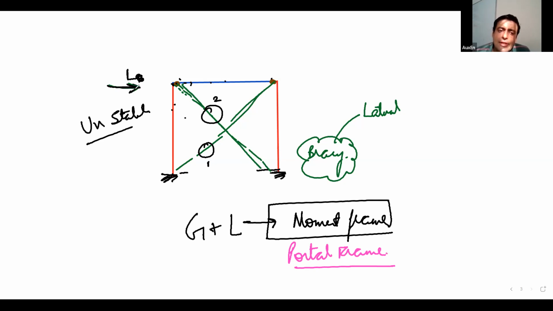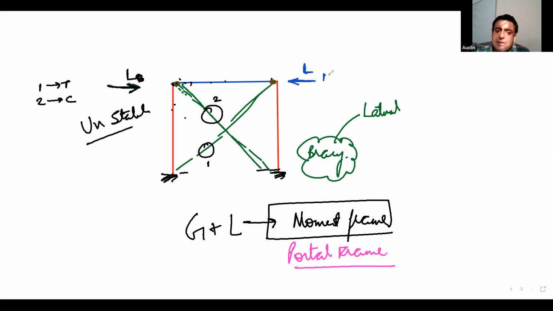So we understand that for this direction of lateral load, bracing number 1 will be in tension and bracing number 2 will be in compression. Okay. When I reverse my lateral load, and the lateral load acts like this, then what happens? In this case, the actions will be reversed.